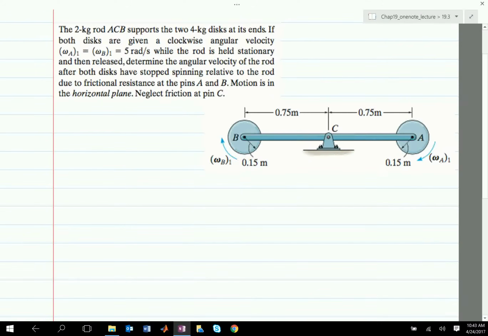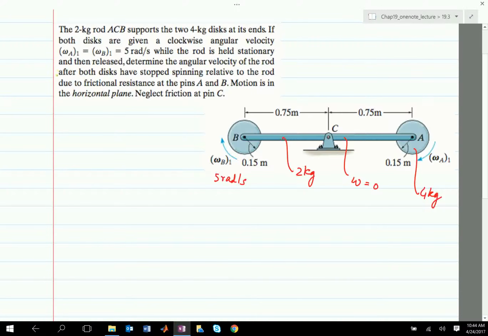Okay, so the 2 kg rod ACB, this is 2 kilogram rod ACB, supports 4 kg discs at its ends. If both discs are given a clockwise angular speed of 5 radians per second, while the rod is held stationary, so the initial angular velocity of the rod is 0.